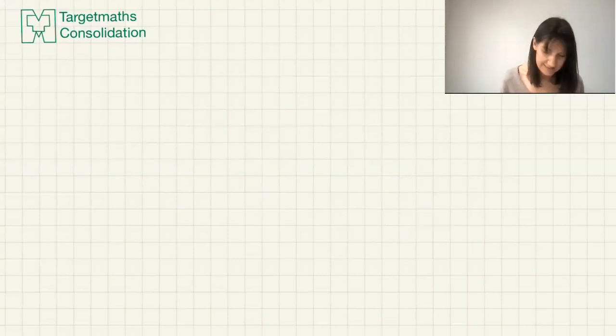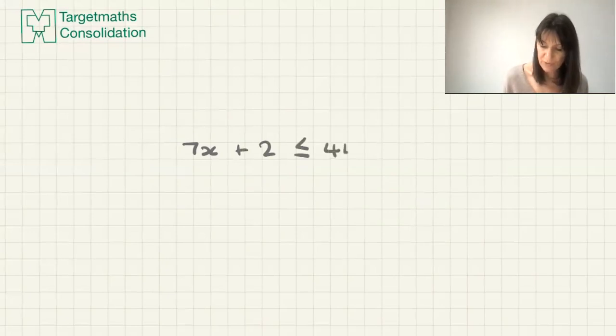All right, let's do another one. So we've got 7x plus 2 is less than or equal to 44. Pause and hit play when you're ready. Okay. We don't treat this any differently.